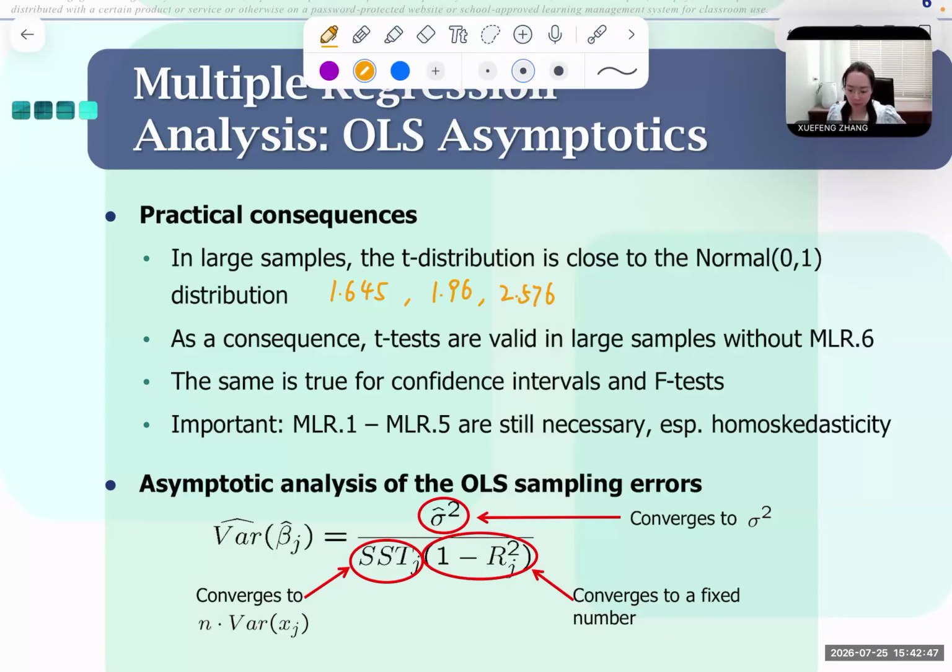But in large samples, the t distribution is close to the standard normal. Consequently, the t-test, confidence interval, and f-test are all valid in large samples, even without MLR6.